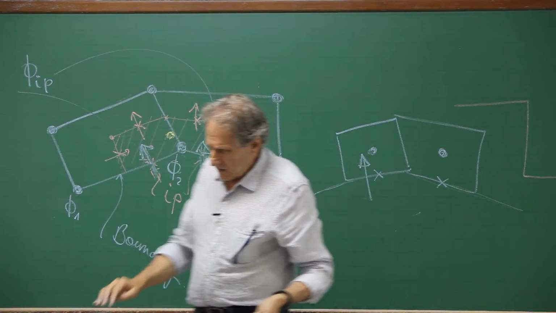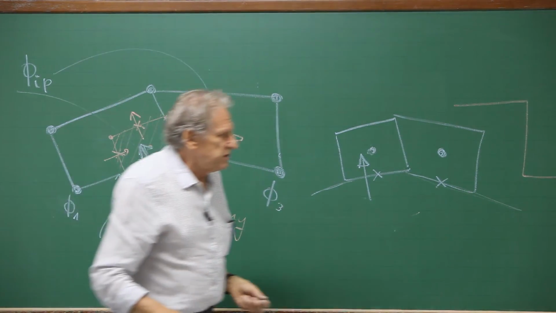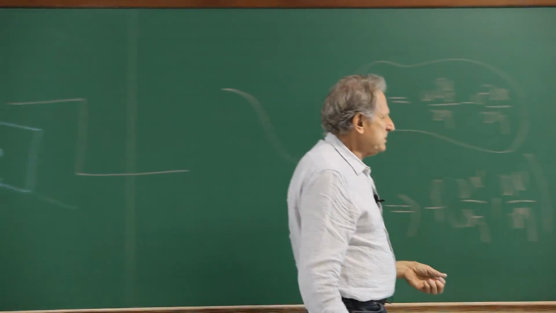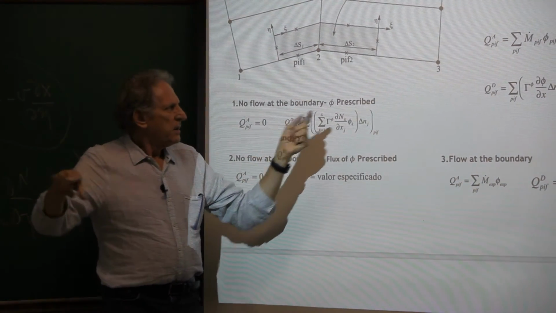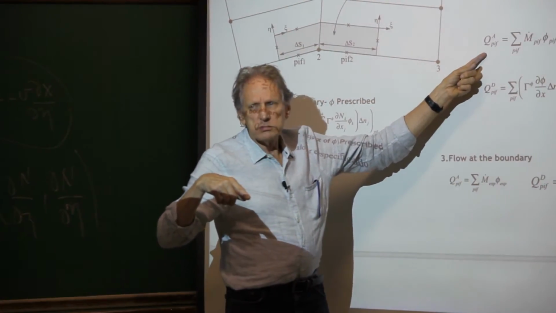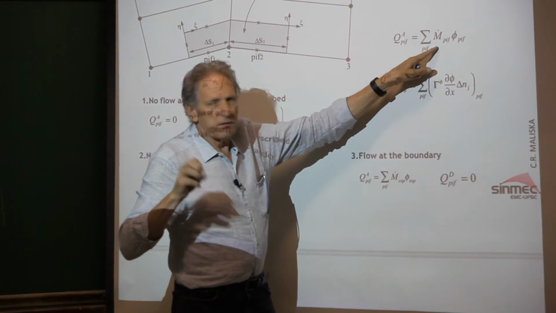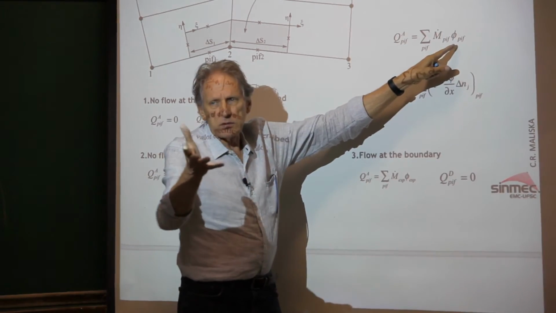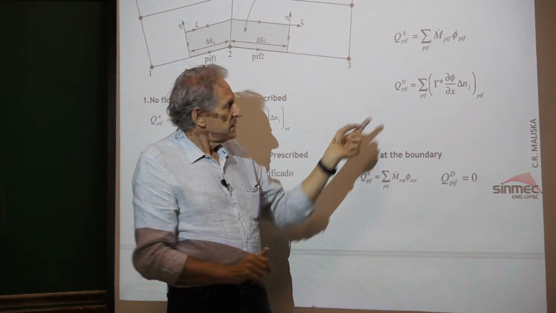And you can see here some few considerations about if you have no flow at the boundary. The advection flow of any variable is the flow rate times the variable. So this is advection of phi.